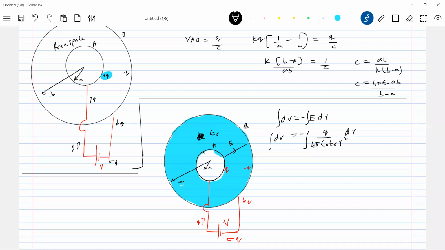This is the basic thing. I want the potential difference VA minus VB, where the field extends from A to B inside this.